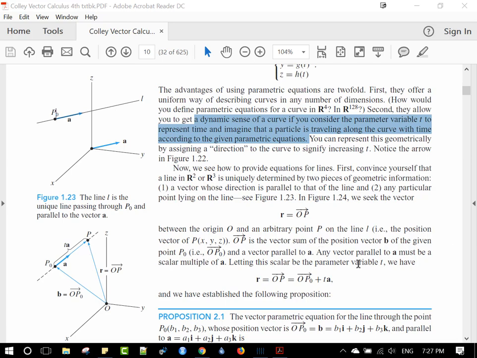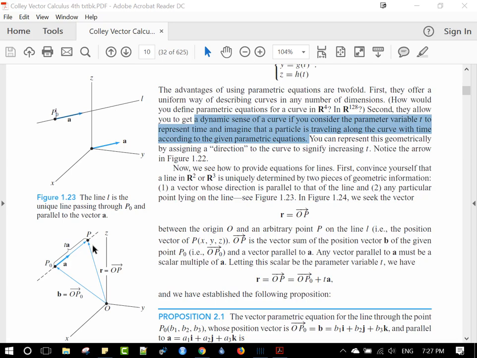Any vector parallel to A, here's A, must be a scalar multiple of A. Letting this scalar be the parameter variable t, we have r, this, equals OP0 plus tA.